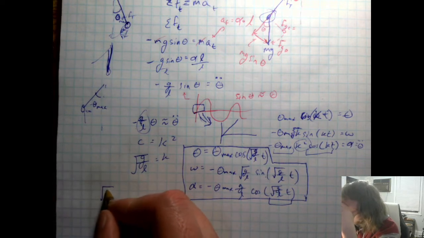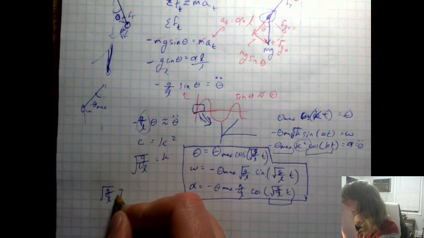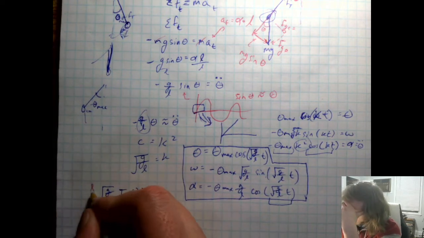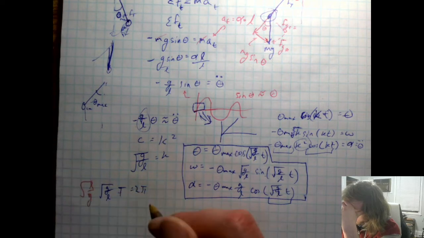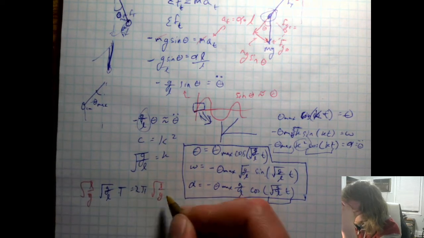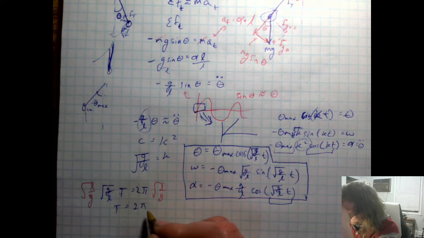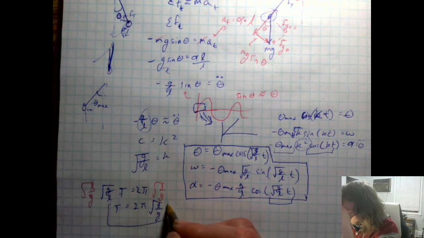When root g over L times our period is equal to 2 pi, we're good to go. Multiply each side by L over g square rooted, and we'll get that our period is equal to 2 pi times the square root of L over g.